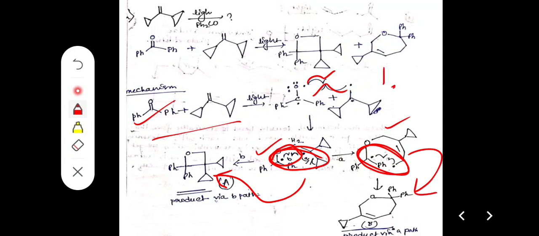If two radicals are present here and two radicals are present there, they can combine this way or this way.